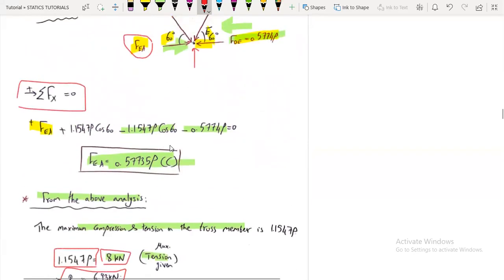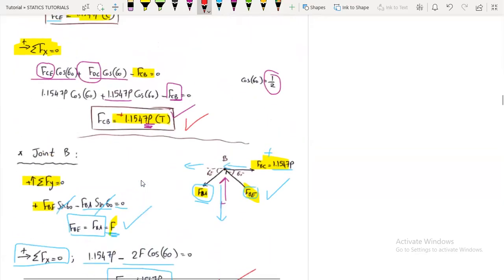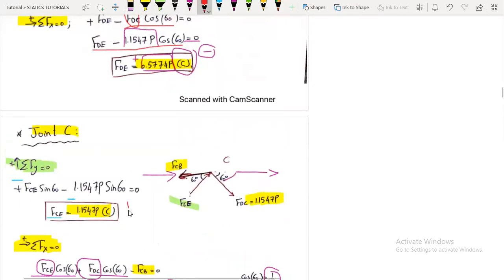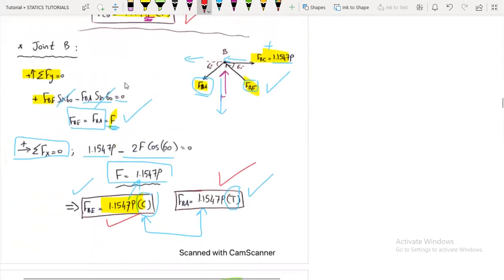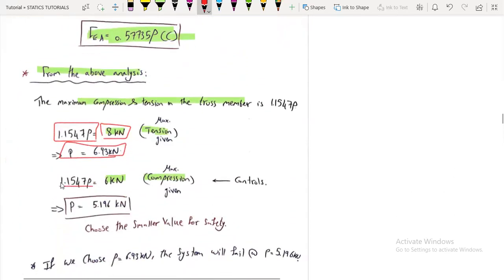Regarding the compression, we also find the highest value is 1.1547P. Here we have a lower value, 0.5774P. So we choose the largest compression force, 1.1547P equals 6.